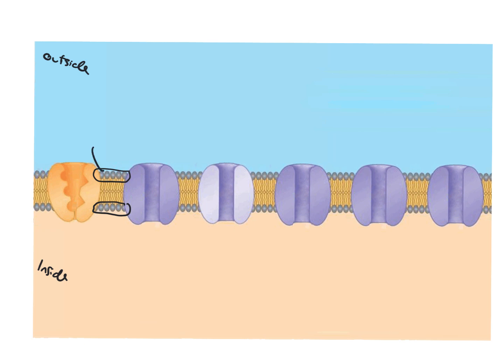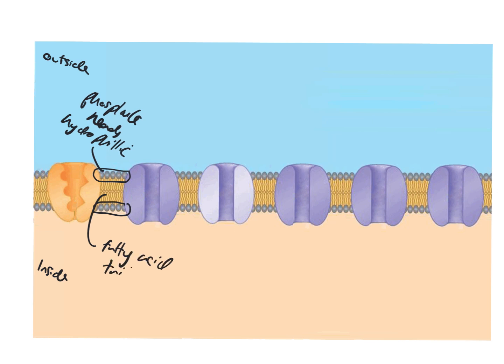So we have here the phosphate heads, which are described as being hydrophilic, and then we have the fatty acid tails, and those are described as being hydrophobic.